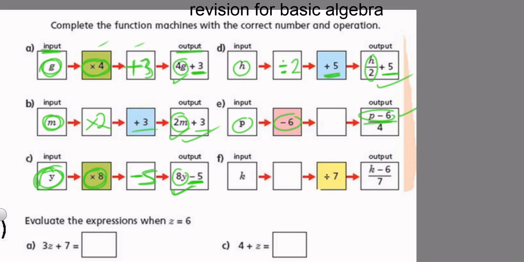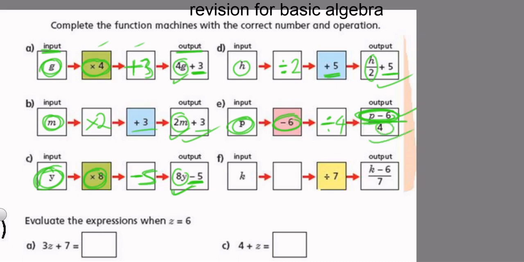So you must divide by 4. So you can check that thoroughly. P take away 6 is p take away 6 right there. And then you've got the divide by 4 right there, divide by 4.